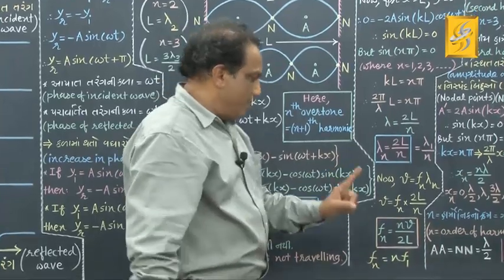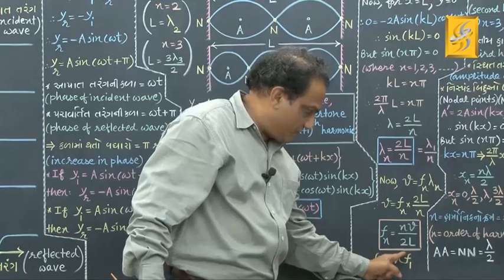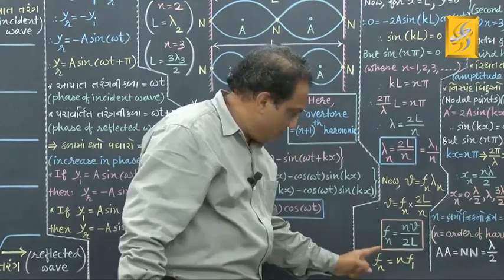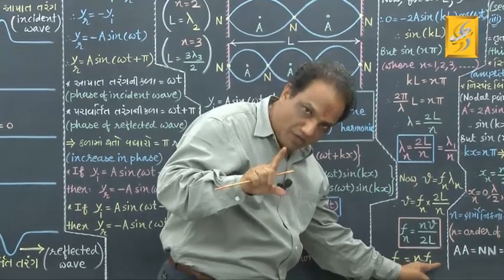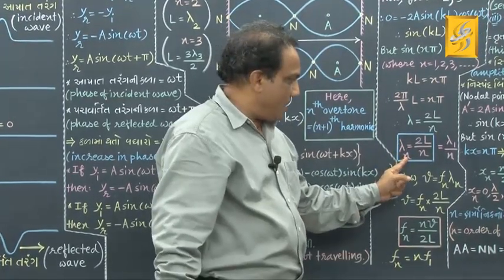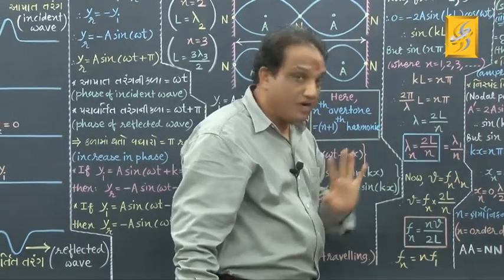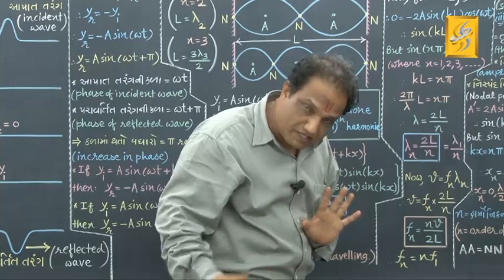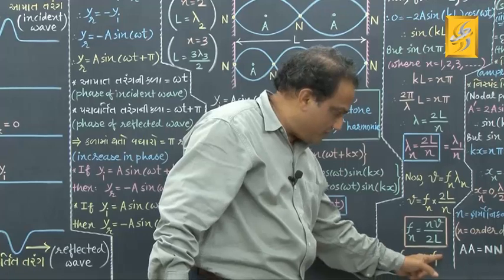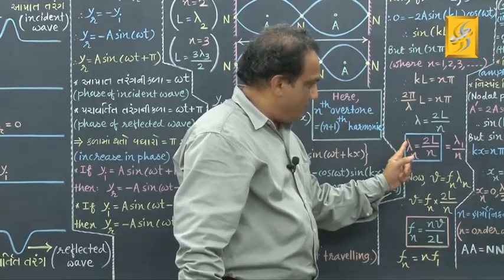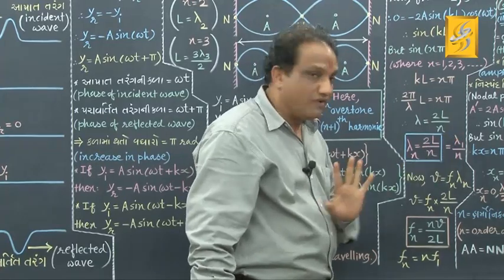So remember, the frequency of the nth harmonic is n times the frequency of the first harmonic, and the wavelength for the nth harmonic is the nth part of the wavelength for the first harmonic.